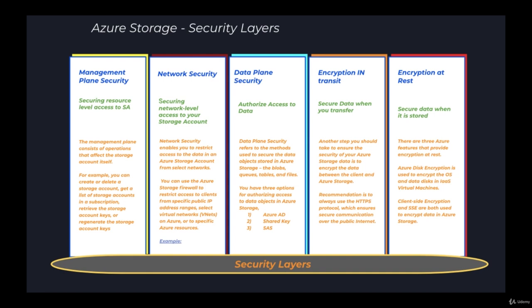Access is granted by assigning the appropriate role to a user, group, or application at the right scope, meaning the right resource. Like we discussed, access can be granted on an entire subscription level, for which you assign a role accordingly, and access can be assigned on a resource group by assigning that particular level of permissions.